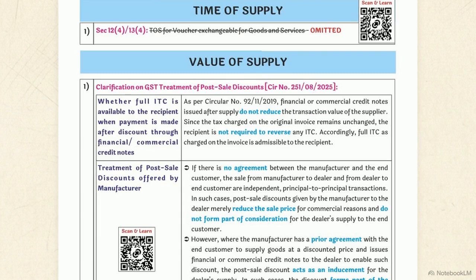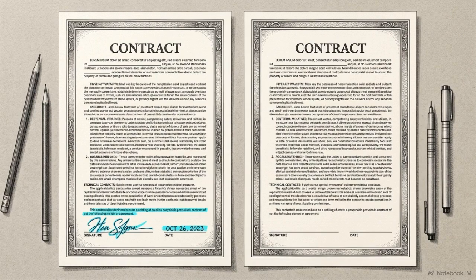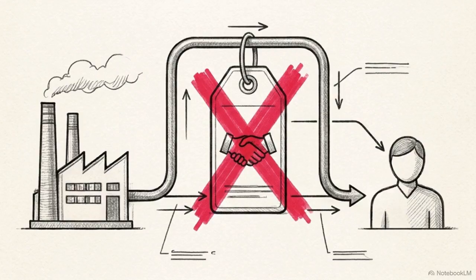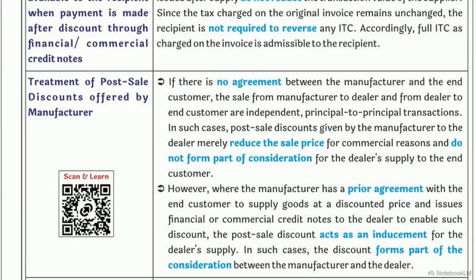Assume the manufacturer has a prior agreement with the end customer to supply goods at a specifically discounted price, using the dealer to execute the transaction. Because the agreement predates the transaction, the post-sale discount acts as a clear inducement for the dealer's supply. In this case, the discount does form part of the consideration between the manufacturer and the dealer.